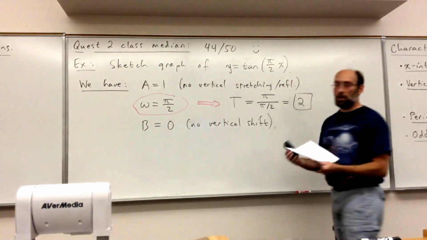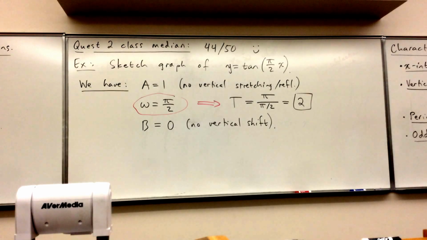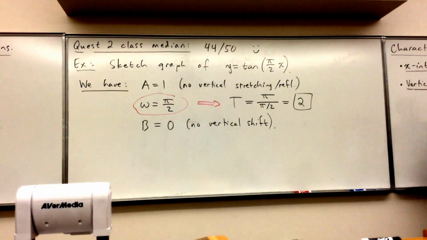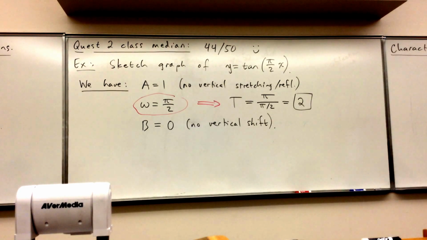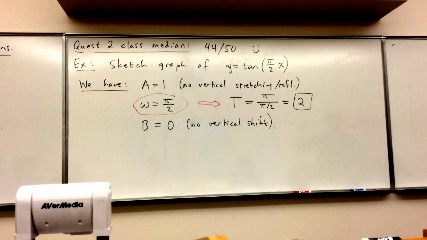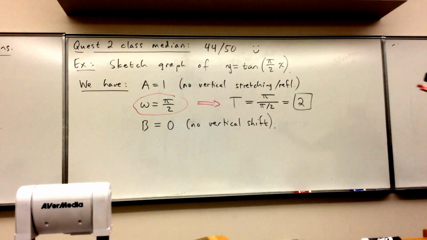All we've done is horizontally stretch the original tangent of x function. The tangent function has vertical asymptotes at pi over 2, 3 pi over 2, 5 pi over 2, and this one's going to have vertical asymptotes at 1, 2, 3, and so on.